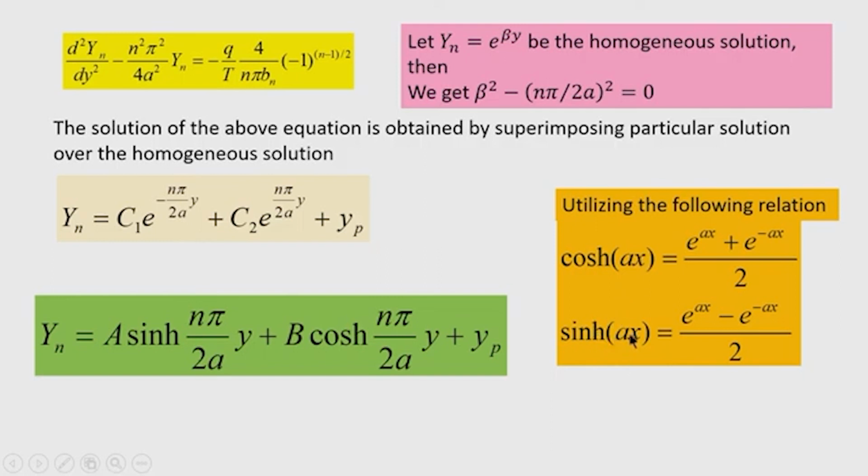These two relations can be used here, and the expression is simplified in this form, with the constants renamed. So we get a sin hyperbolic n pi by 2 a into y, plus b cos hyperbolic n pi by 2 a into y, plus y p. Y p is the particular integral that we have not evaluated till now.